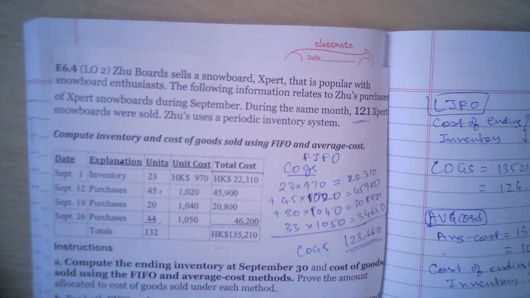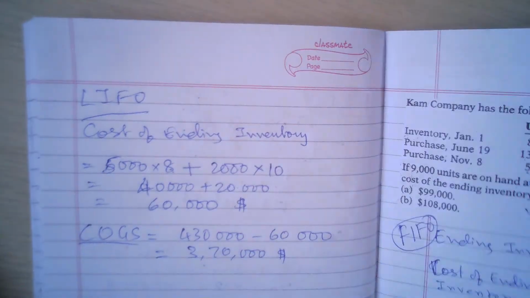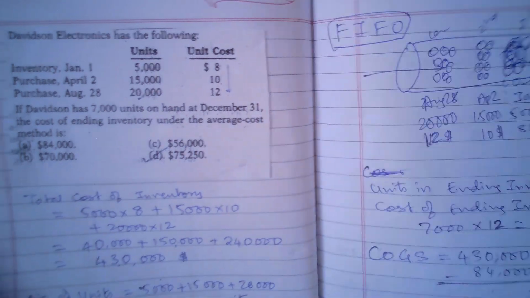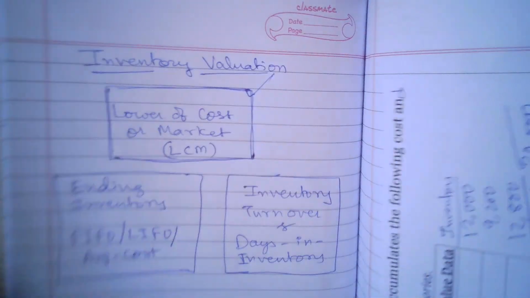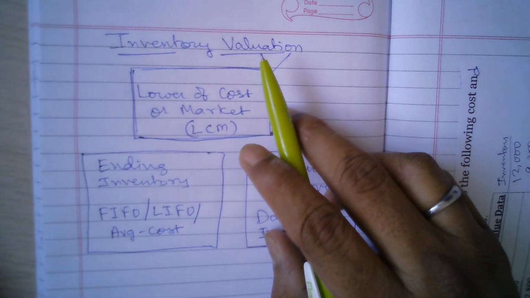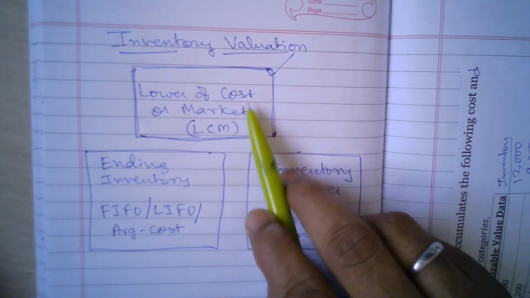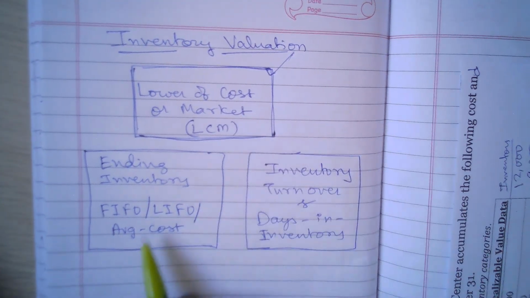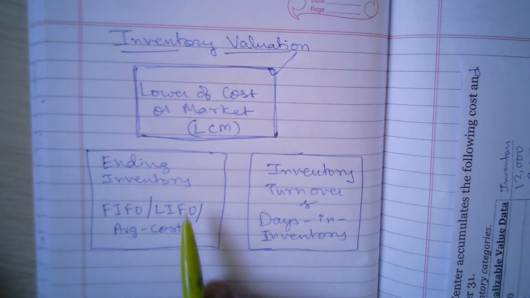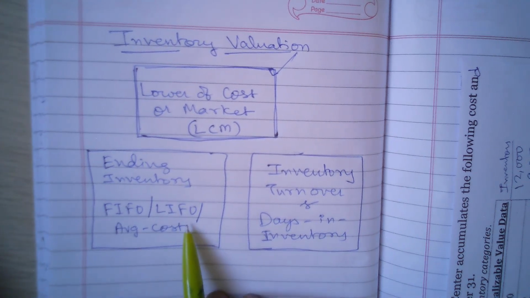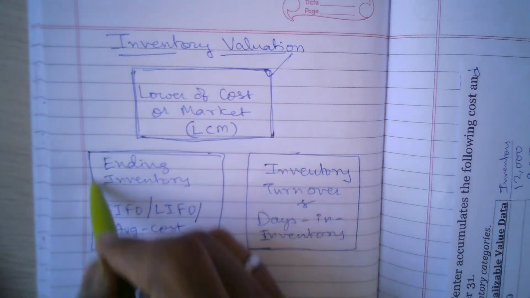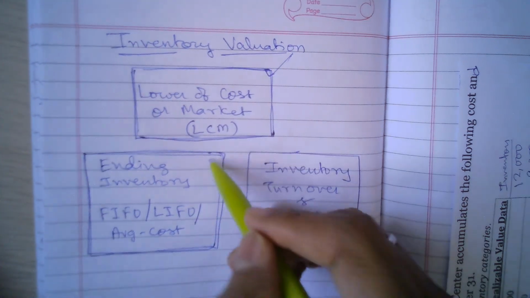So we have already solved, I think, 3 problems on this concept. Now let me go back to the overall thing. Inventory valuation is the topic. We solved a couple of problems on lower of cost or market, and then ending inventory, LIFO, average cost. We have solved 3 problems, so I will consider this topic completed.